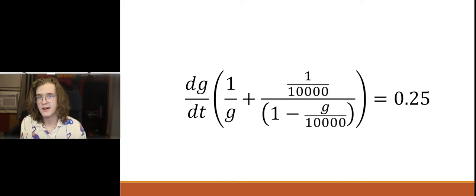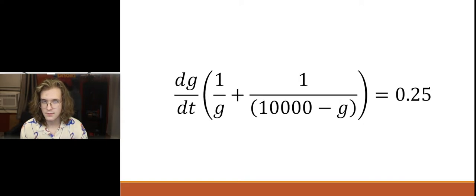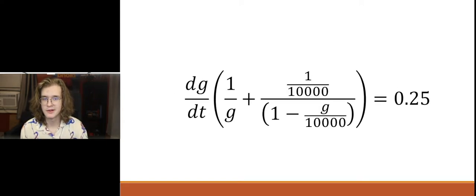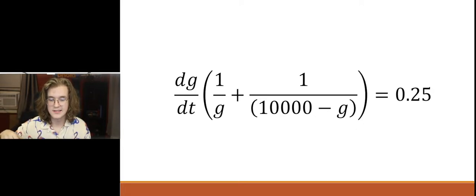So this is our new differential equation rearranged with that partial fraction decomposition. This is going to make it a lot easier to integrate. And that's where I made that simpler. I just took that 10,000 from the numerator, multiplied it by the bottom in order to make it a lot simpler. It was a lot easier for me to understand.